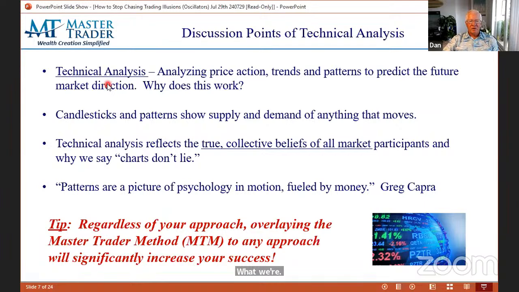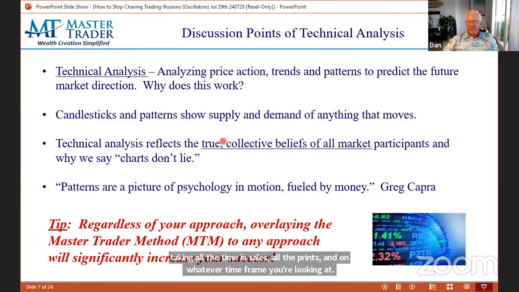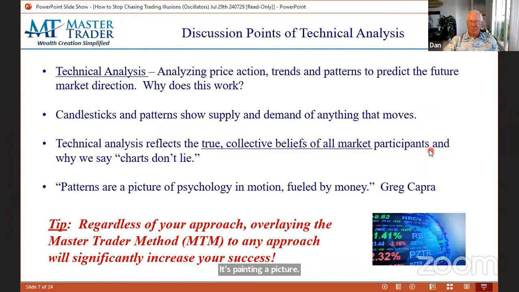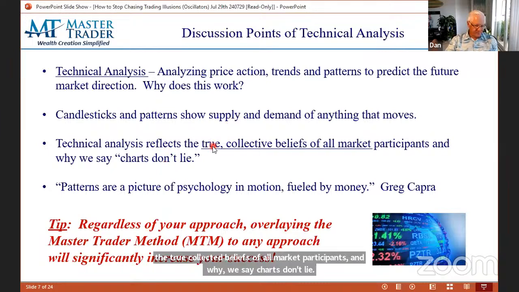So why do we use technical analysis? Well, let's jump to the third one here. It's taking all market participants everywhere in the world trading that instrument. It's taking all the time and sales, all the prints, and on whatever time frame you're looking at, it's painting a picture of the true collective beliefs of all market participants, and why we say charts don't lie. What we mean by that is that's objective.